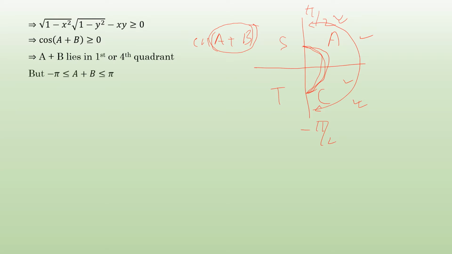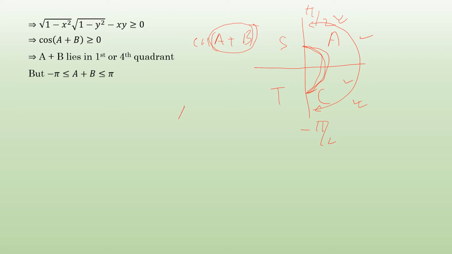So we can say that a plus b is from minus pi by 2 up to pi by 2. But actually a plus b is in which branch? You just recall in the previous screen, you see where a was situated.